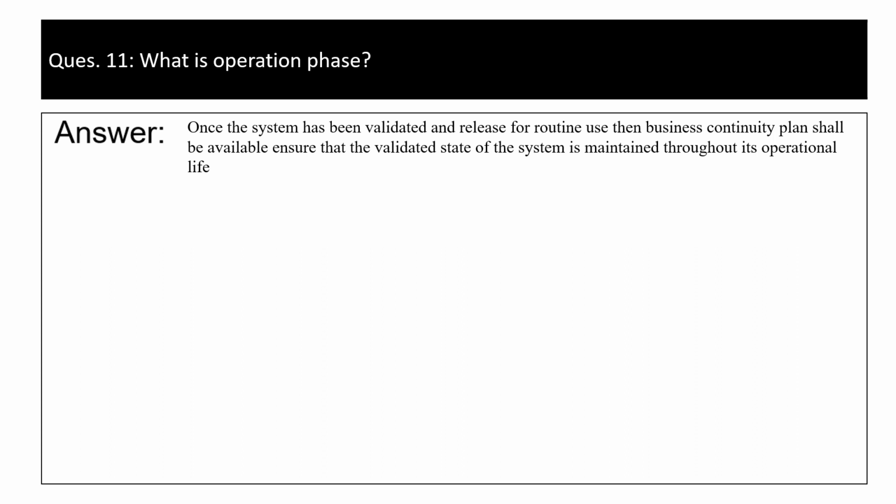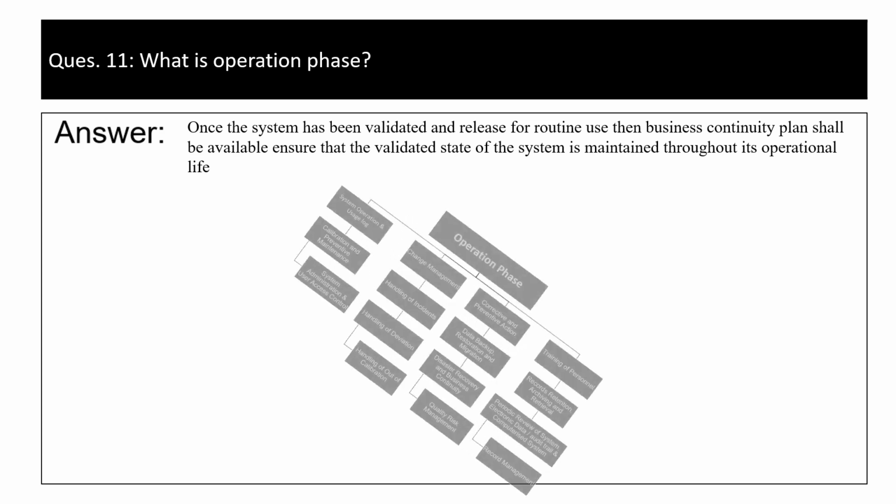Question number 11, what is the operation phase? The answer: once the system has been validated and released for routine use, a business continuity plan shall be available to ensure that the validated state of the system is maintained throughout its operational life.